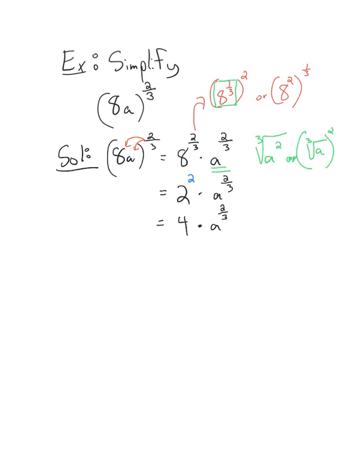If the root we were taking here instead of 3 was some even number, then we'd have to ask, well, if a was negative, then we couldn't take a square root, or an even root, I should say. So the expression wouldn't make sense. But here, because the root is an odd root, in this case the third root or the cube root, everything makes sense. We're good to go.